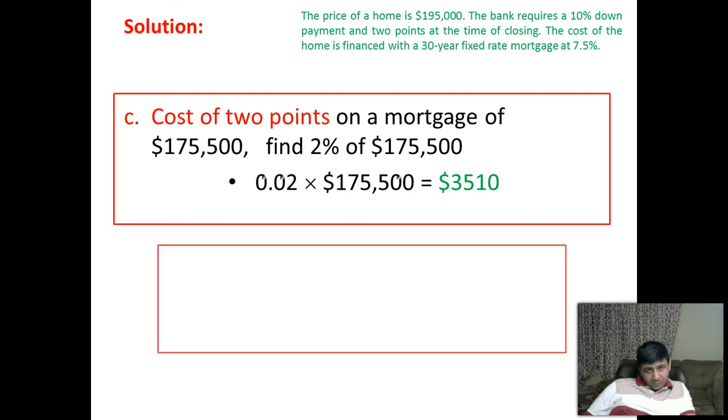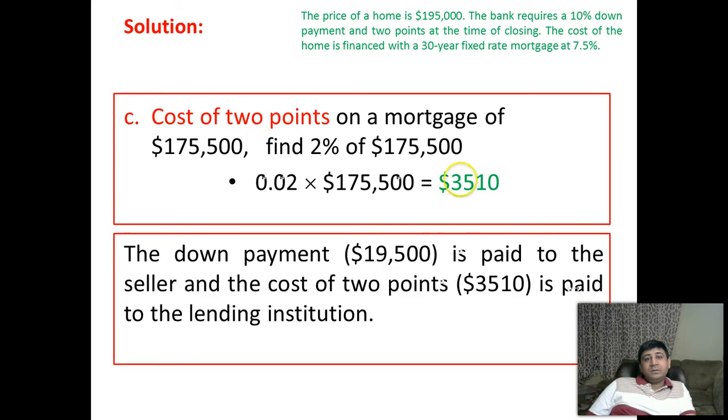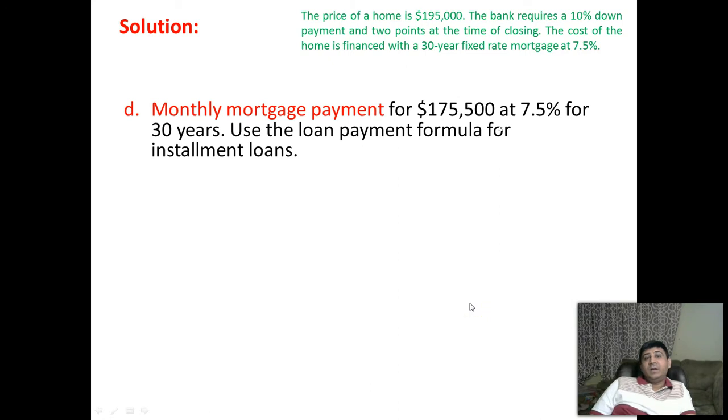So moving on, the down payment was this one. The next part is the monthly mortgage payment. So this is the amount which we are borrowing at 7.5% for 30 years.